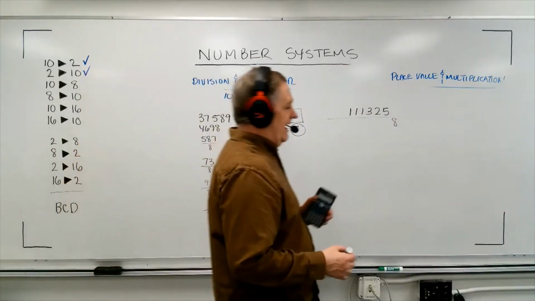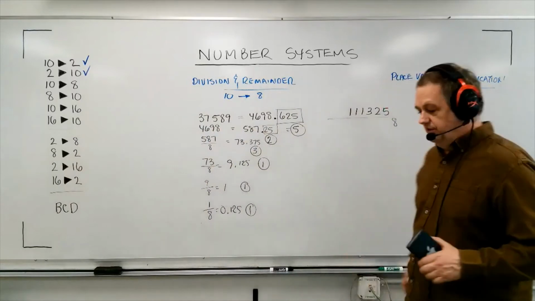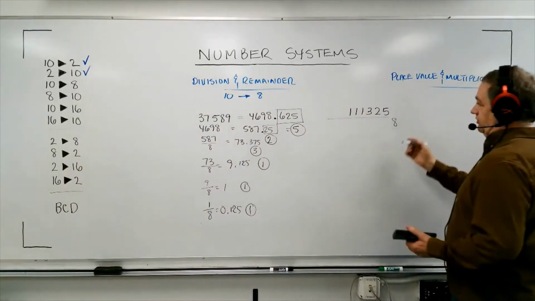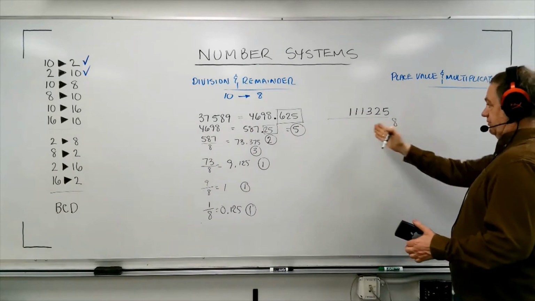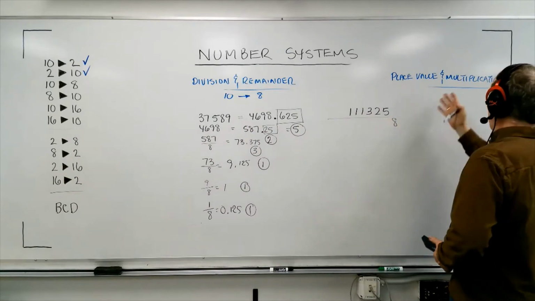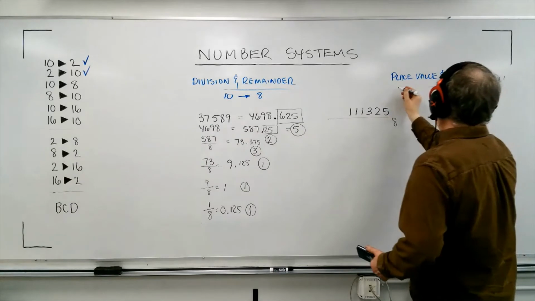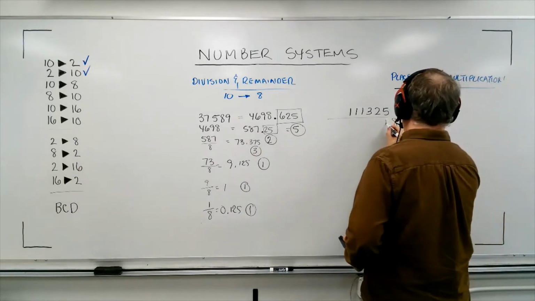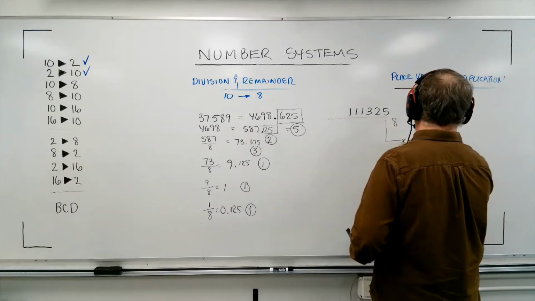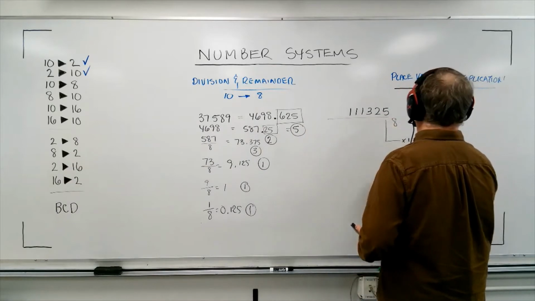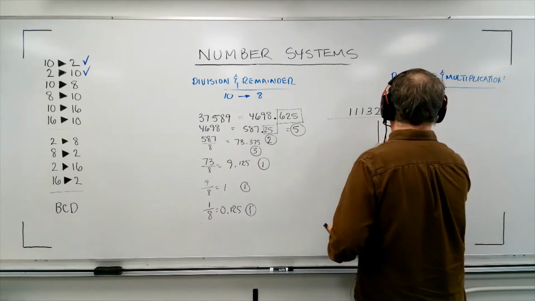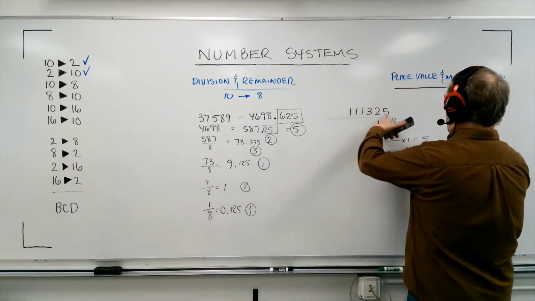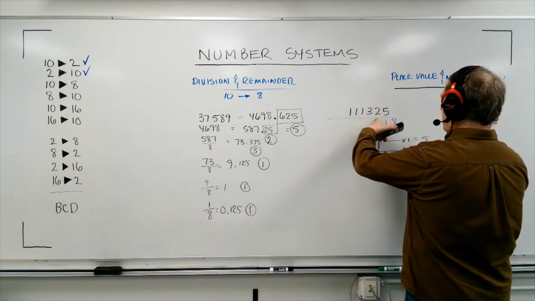So now I'm going to take this number and, just as a double check, I'm going to show you how the place value and multiplication actually works. And so we can actually use this, first of all, to double check our answer here. And also it'll demonstrate this particular process. So we go 5 times 1 equals 5. 2 times, what is our second space in an octal number?